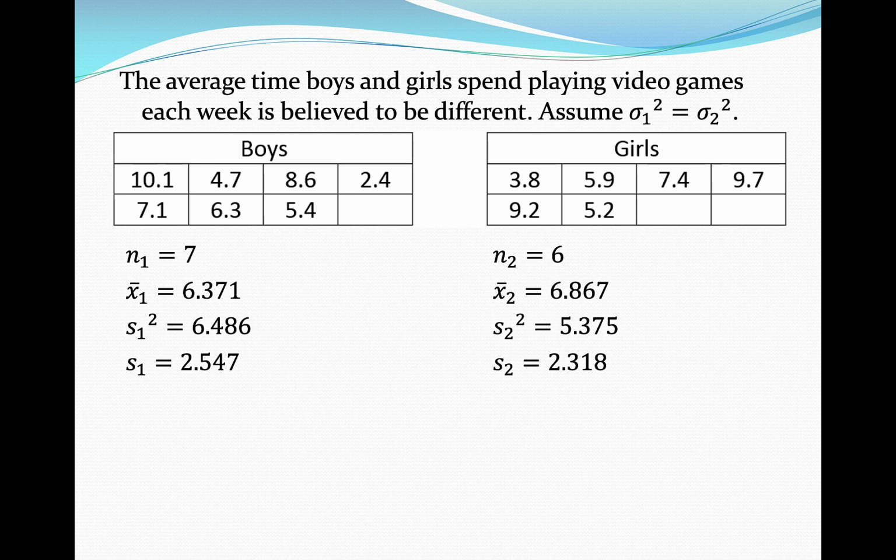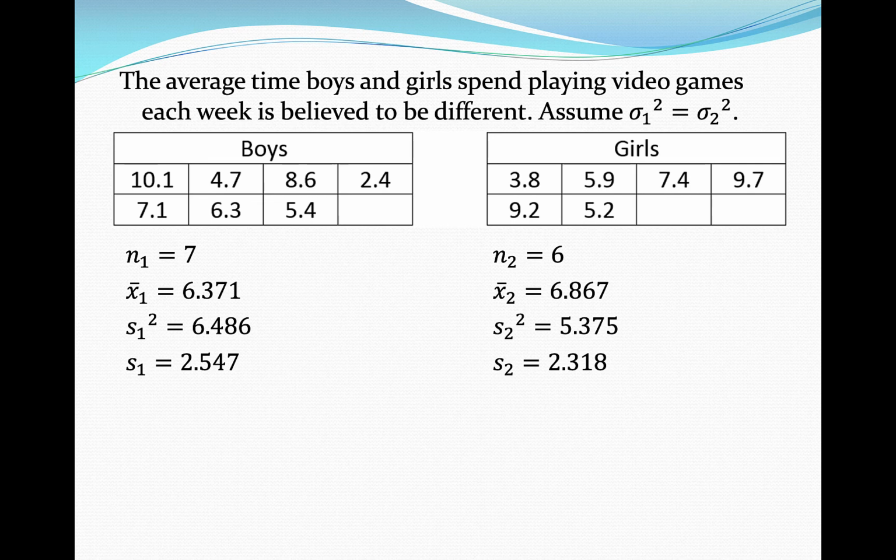These samples are independent. And then we need the descriptors for each one, and you can see for boys the sample size is 7. The sample mean is 6.371. The variance is 6.486, and the standard deviation is 2.547. For girls, the sample size is 6. Mean is 6.867.